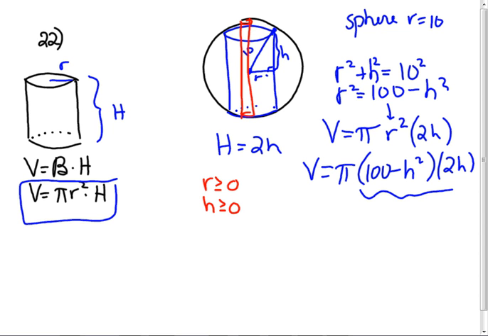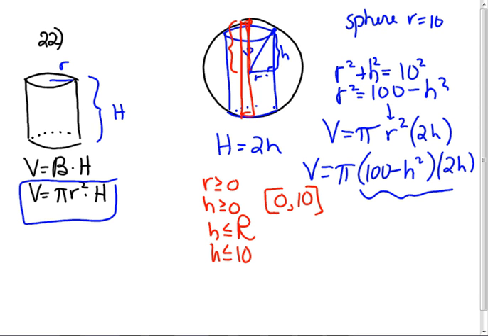What's the biggest little h can be? If you make it, yeah, it's 10. Little h has to be less than or equal to the radius of the sphere, called capital R. So h is less than or equal to 10. So your closed interval is 0 and 10. Now I've done almost the whole problem.